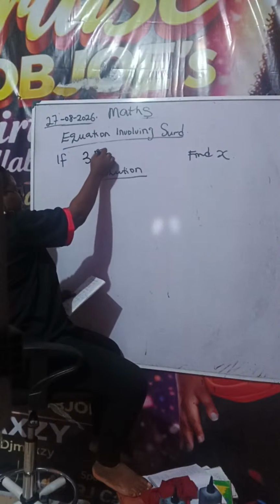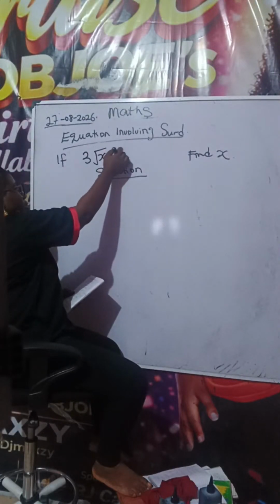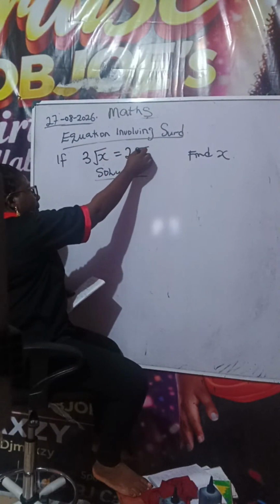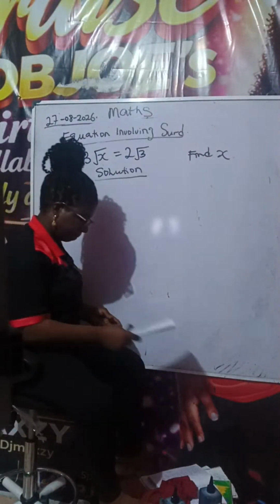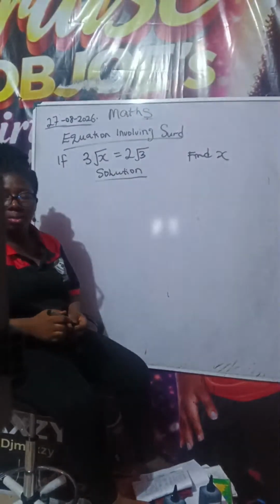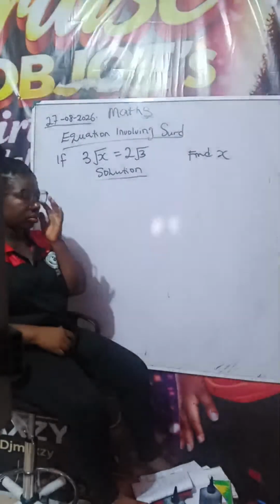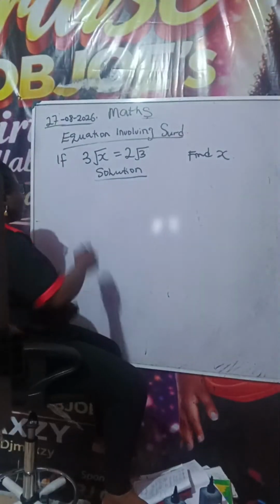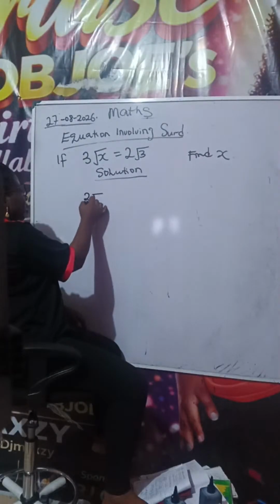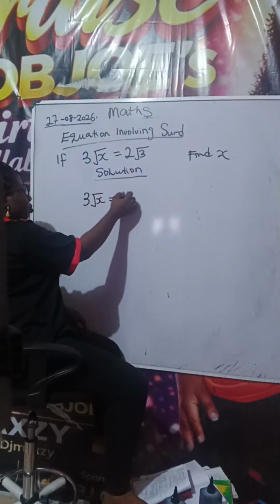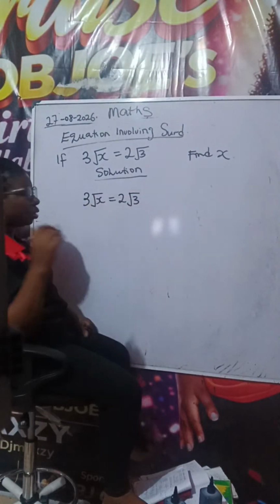So I have 3 root x equals 2 root 3. Look at it. Now all we need to do is bring it down: 3 root x equals 2 root 3. So what do we do?